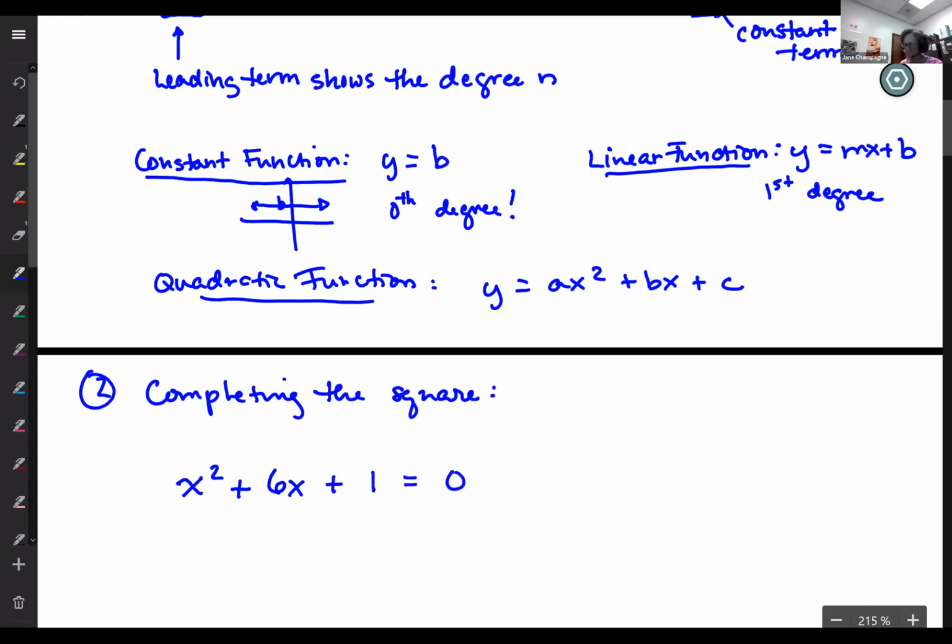Something like that, right? That doesn't factor because you would need just 1 and 1, and that doesn't give you 6, right? So again, it's nice if you have a leading coefficient equal to 1 and an even coefficient here, and it doesn't factor.